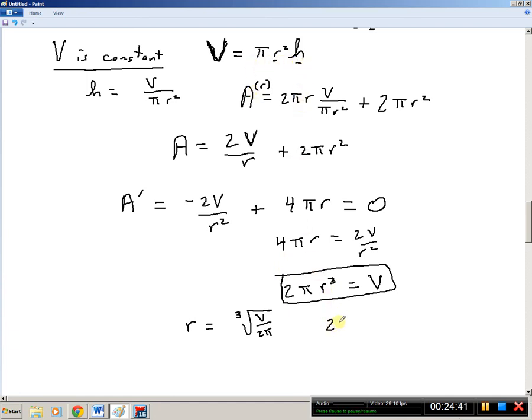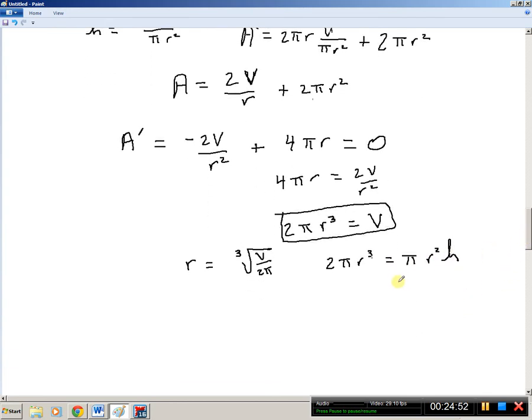So if we go 2 pi r cubed equals pi r squared h, we could divide both sides by pi, divide both sides by r squared, and here's what we end up with. 2r equals, pi's gone, r squared's gone, h. So look at this, folks. The minimum amount of metal will be used when 2 times r is equal to h. 2 times r equals h.